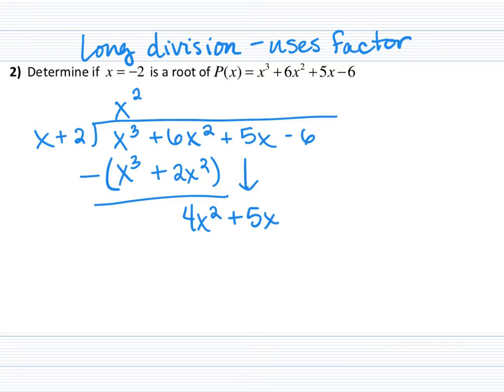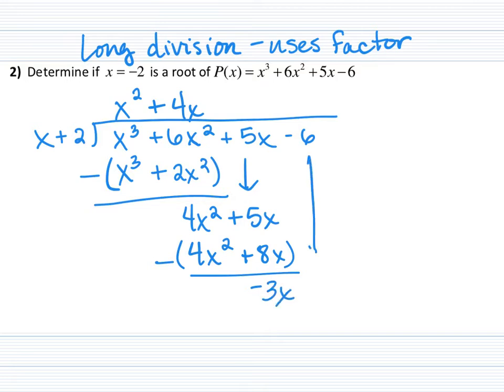Factor, we multiply x by 4x to get 4x to the third. So plus 4x. Then we multiply again. So 4x squared plus 8x. Then we subtract negative 3x, which should look familiar. Drop down the negative 6.